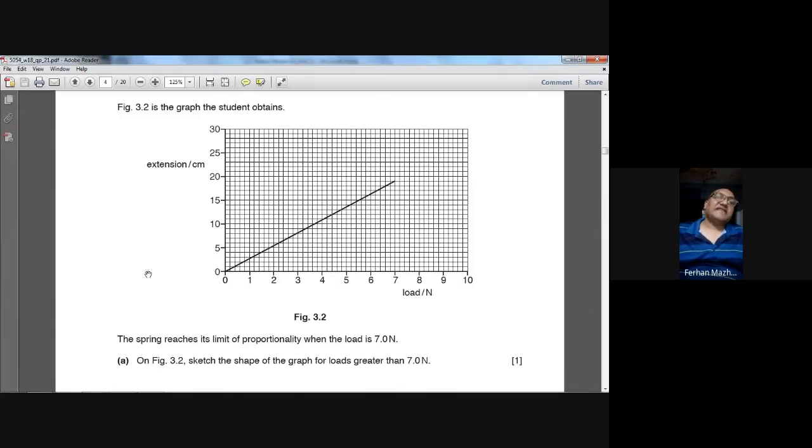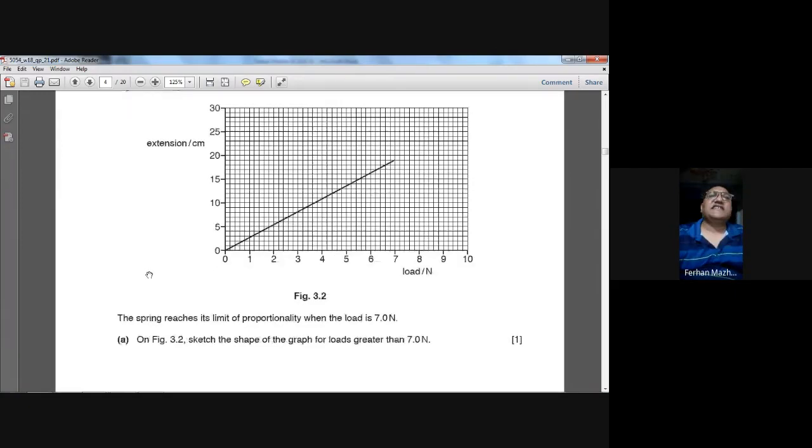On the x-axis, load in newtons is represented, and on the y-axis, extension is represented. He has shown the graph till 7 Newton load. At 7 Newton, the extension is a little less than 2. I think it is 18 centimeter.